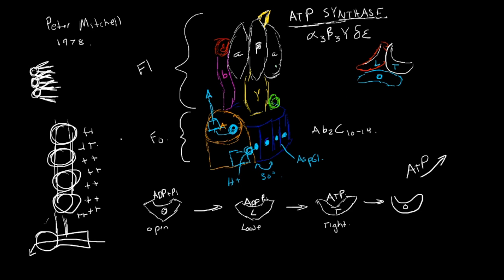So the way that they kind of proved that this ATP synthase rotated like this was called the actin filament experiment. So if you can imagine here, if I draw this little actin filament right here attached to the top of this F1 domain right there, you can see that they modified an F1 portion of the ATP synthase.